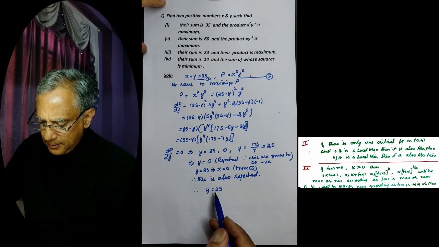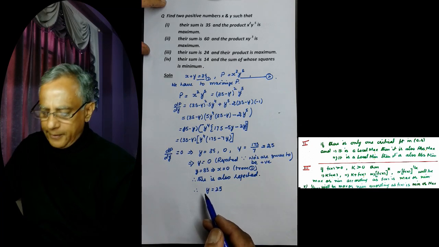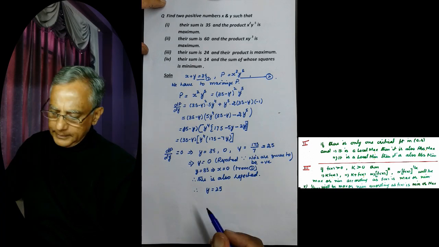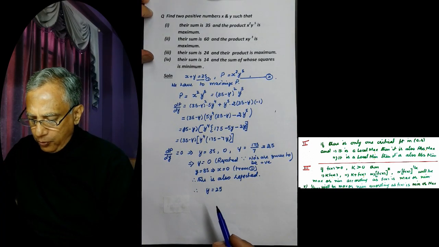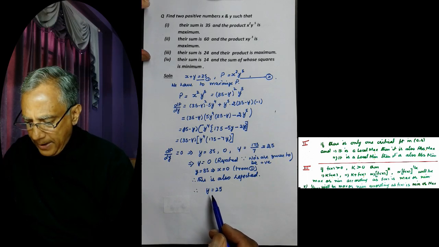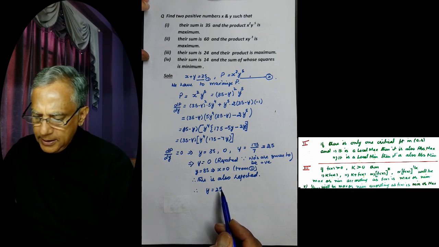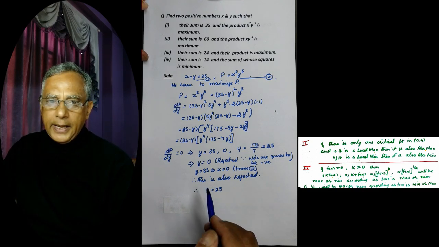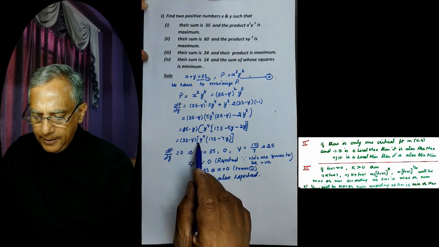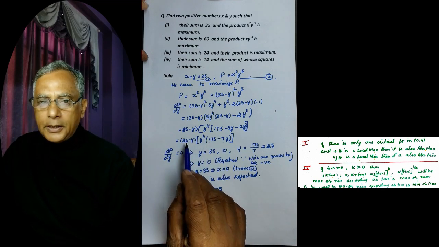Now, if this point is a point of local maximum, it will also be an absolute maximum. If it is a local minimum, it will also be an absolute minimum. Therefore, we will now find whether y is equal to 25 is a maximum or minimum. For this, we will use the first derivative test because the second derivative test will be difficult to use, because this is the product of three functions.